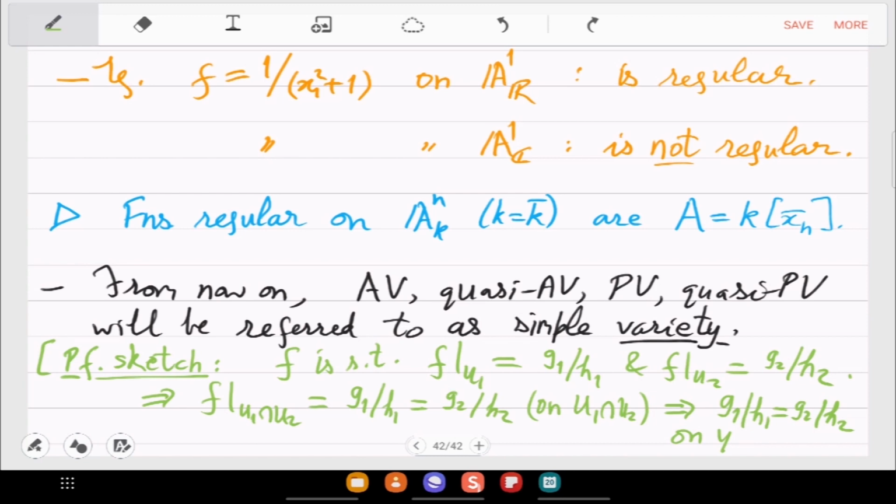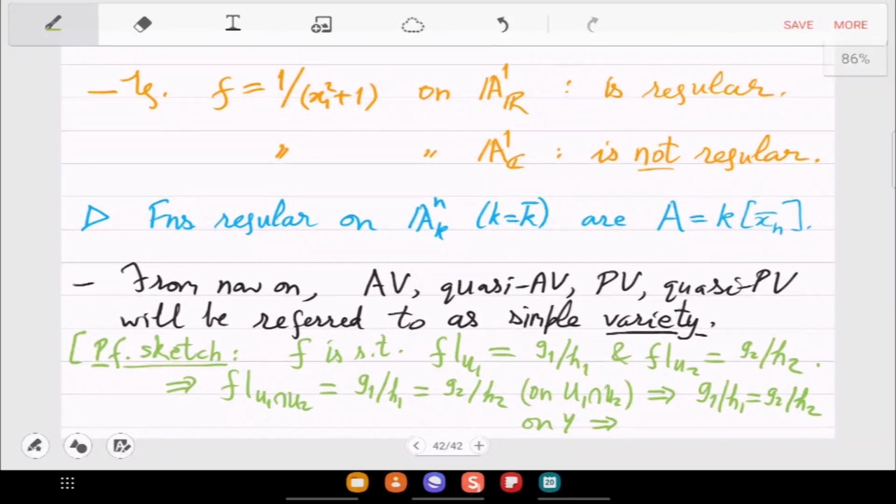Okay. I think the trick will be that these denominators will together generate the whole polynomial ring. g1 h1 is equal to g2 h2 on y, which, okay, yeah, my space has reduced.